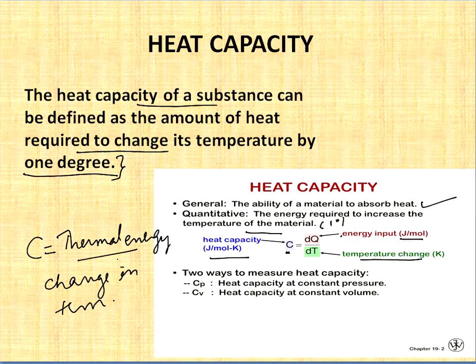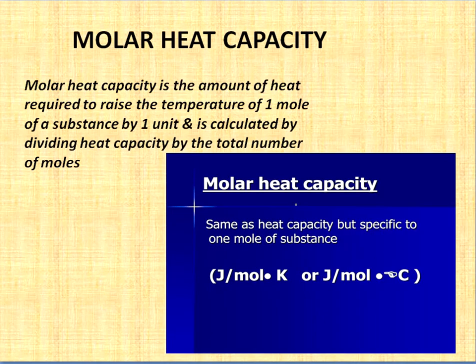Next, there are two types of heat capacity, Cp and Cv. So heat capacity at constant pressure and heat capacity at constant volume, both are important terms, so you have to remember this. Next is the molar heat capacity. We just take 1 mole of substance here, nothing else.